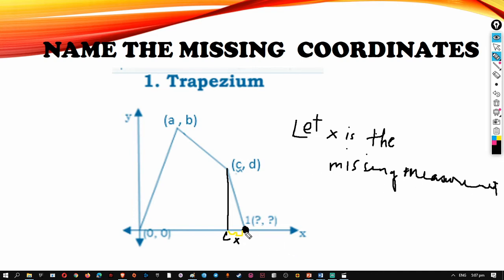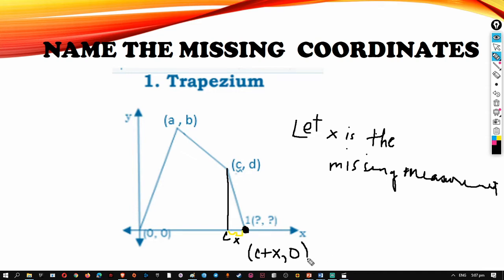So, para makuha ko ang distance nito, pwede kong masabing may c ako plus x. Dali lang. And ano yung y? Nasa x-axis siya. Ibig sabihin, walang y.